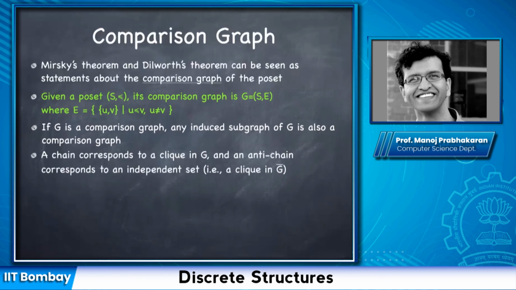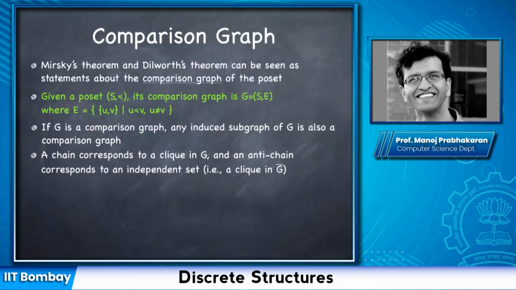To start seeing Mirsky's theorem and Dilworth's theorem in terms of the comparison graph, what does a chain in the poset look like? Well, remember, a chain means any two elements are comparable to each other. So in terms of the comparison graph, that simply means it's a clique.